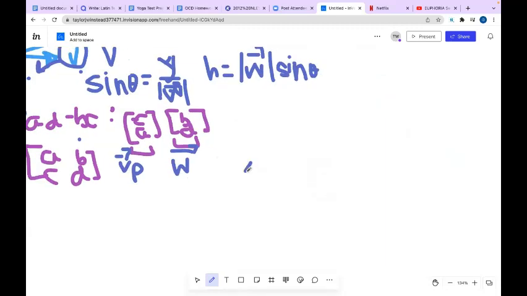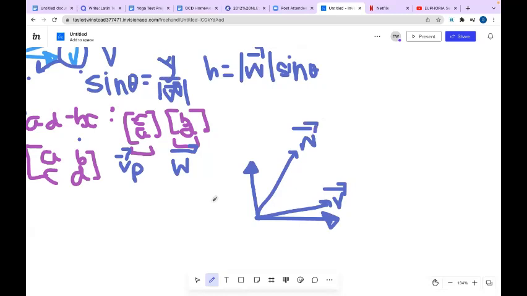So let's draw this L out again with this new information that we have. We've got V. We've got W. We now have V perpendicular. Okay. So in other words, the determinant is going to be equal to this times this.